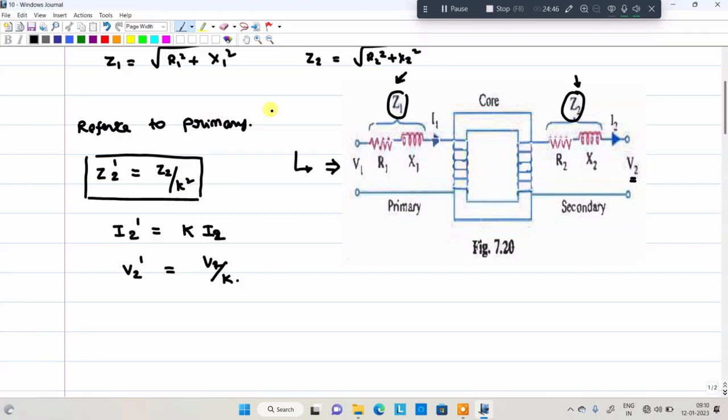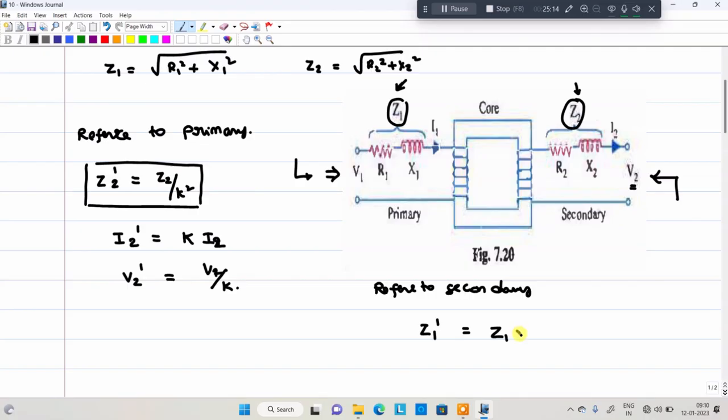Next I will give the other formulas to you. Referred to the secondary side. In case of referred to the secondary side, the formula for Z1 prime, that means you can see it from here, this particular Z1 converted into here, Z1 dash is equal to Z1 into K square.